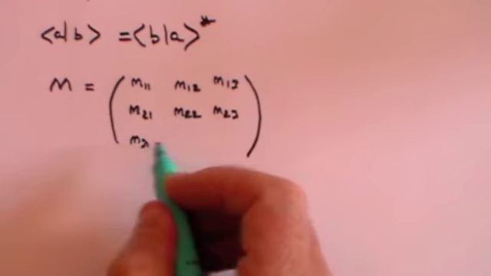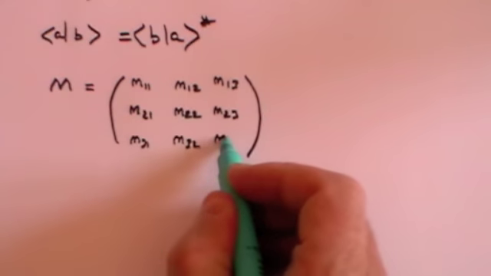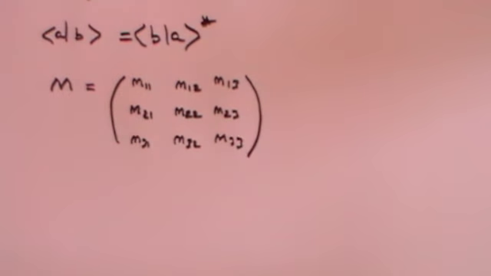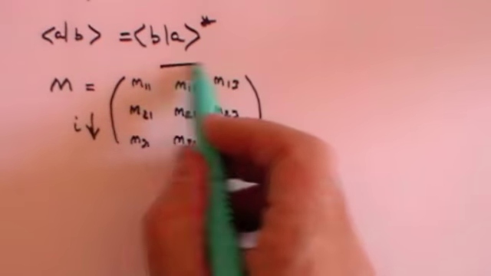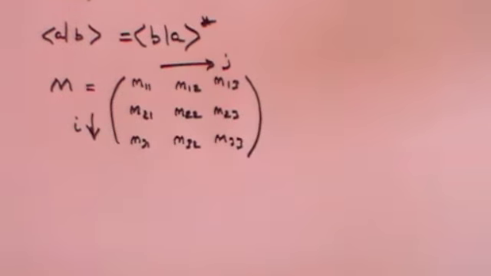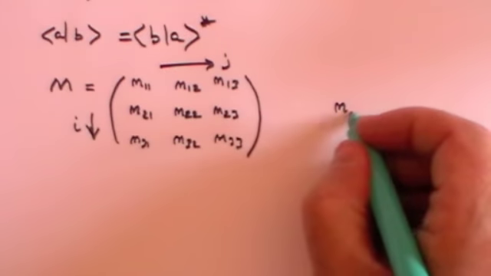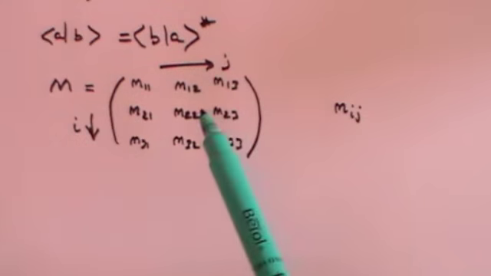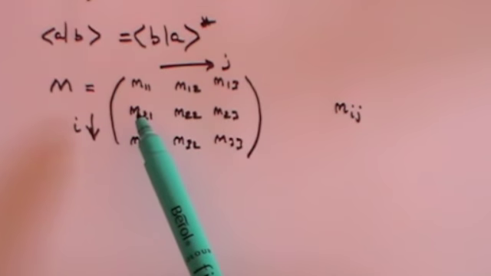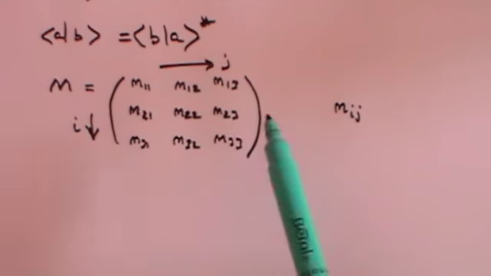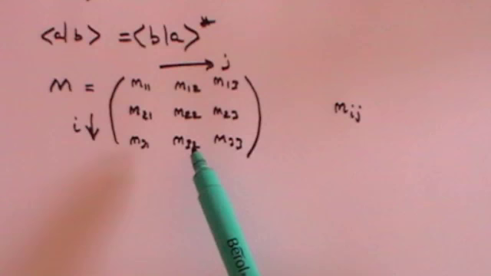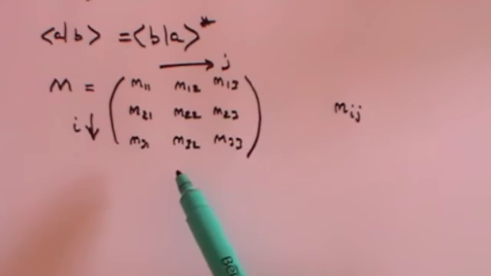And the third row M31, M32, M33. You'll notice that essentially I've got i rows and j columns, and each element can be written as Mij. So if you take this element here, it's the second row, first column, so it's M21. Take this element here, it's the third row, second column, M32. That's the way you actually identify the elements of the matrix.